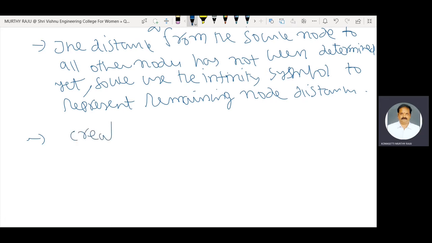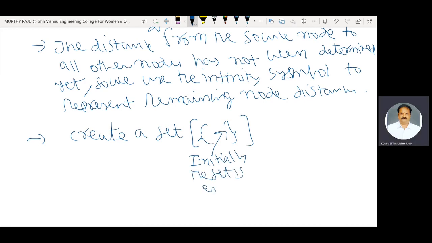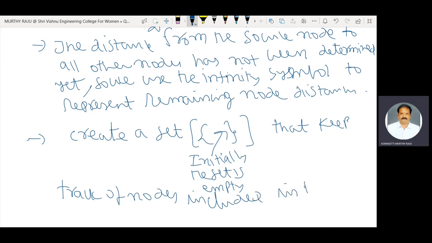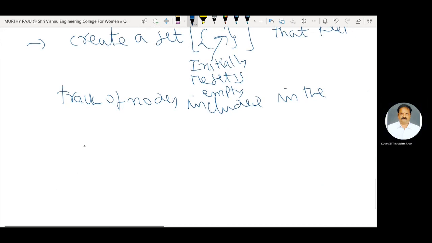Initially, create a set. Initially the set is empty.